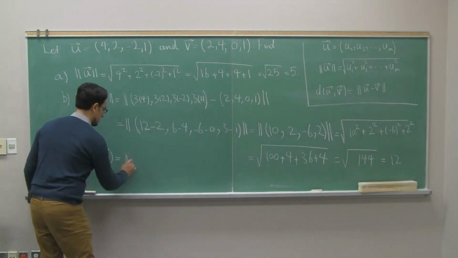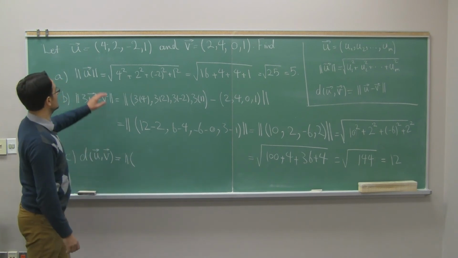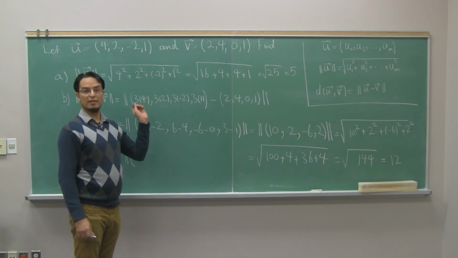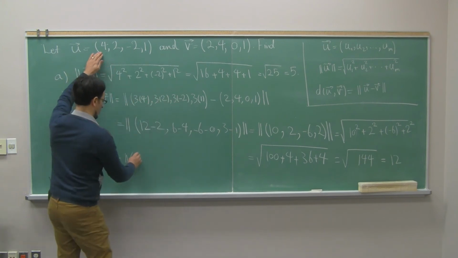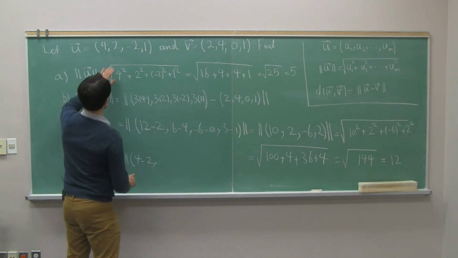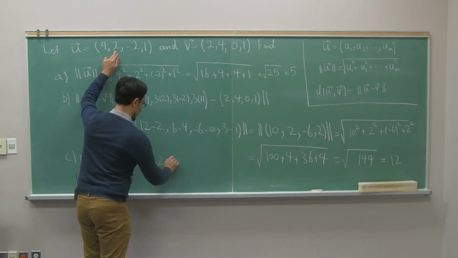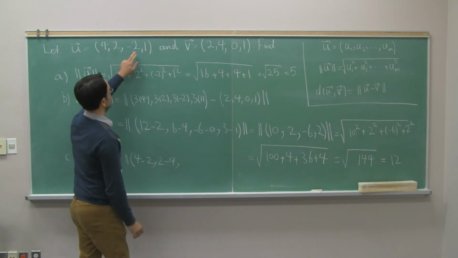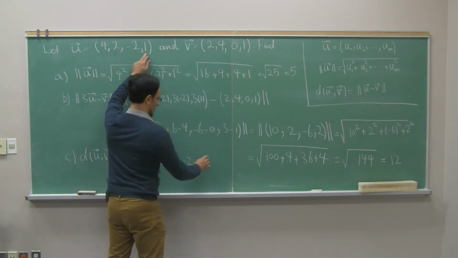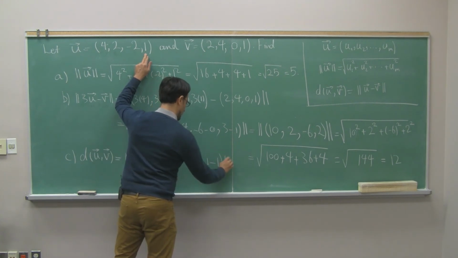In this case, I need to find u minus v, meaning that you subtract component-wise. 4 minus 2, that's the first component. 2 minus 4, that's the second component. Negative 2 minus 0, and 1 minus 1.